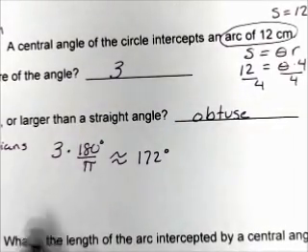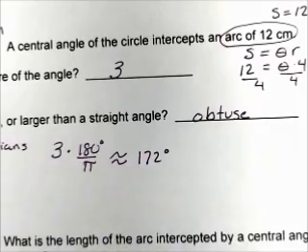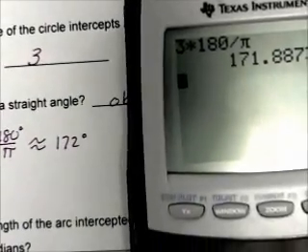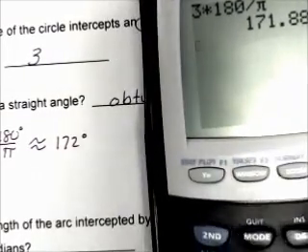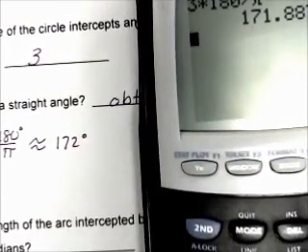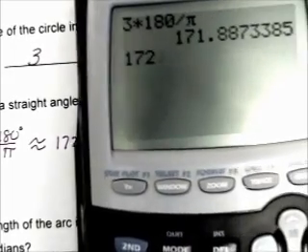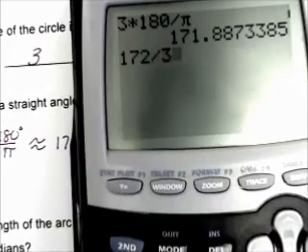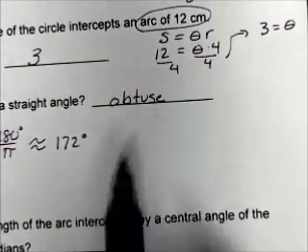So if 3 radians is approximately equal to 172 degrees, then what is 1 radian approximately equal to? Well, we'll take the 172 and divide it by 3.